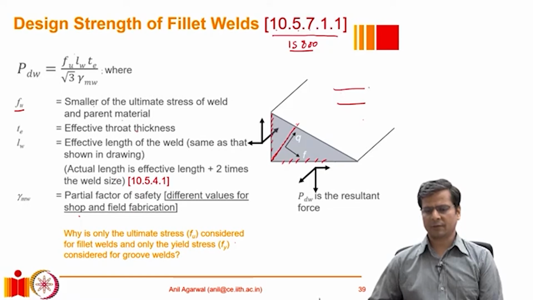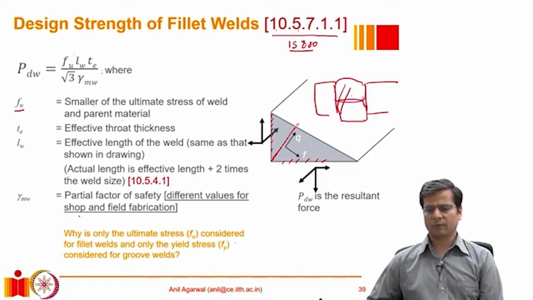So for example, in case of a groove weld, when we were talking about a groove weld, we had these two plates, let's say, and we wanted to weld these two plates together using a groove weld. So when we provide a groove weld, we completely fill this area, and then the groove weld actually behaves exactly like the plate, the base metal, right?